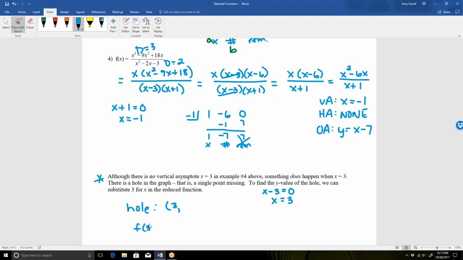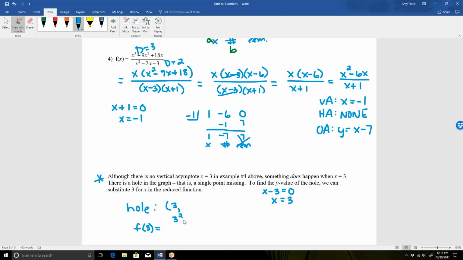To find the y coordinate, we are going to find f of 3. But we need to not plug it into the original, but into the reduced. If you plug it into the original function, you're going to get 0 over 0, which is undefined. So that doesn't help.